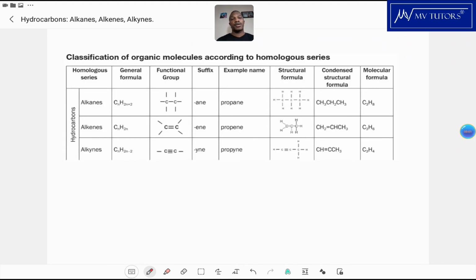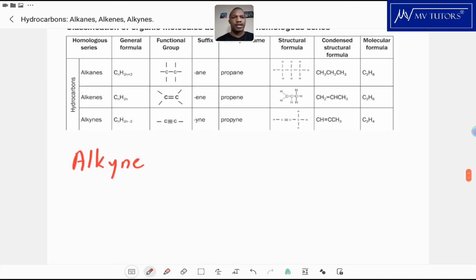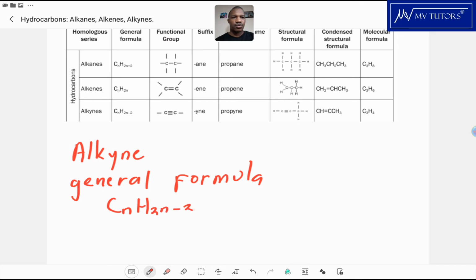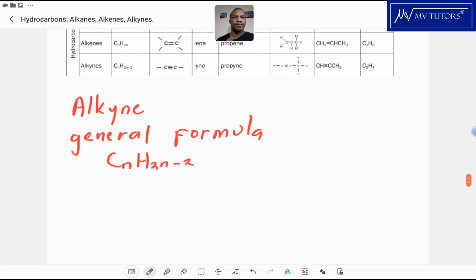So the last one we're going to look at is alkynes. Okay, the last hydrocarbon. It has a general formula, given by CnH2n minus 2. Okay, we'll use it.